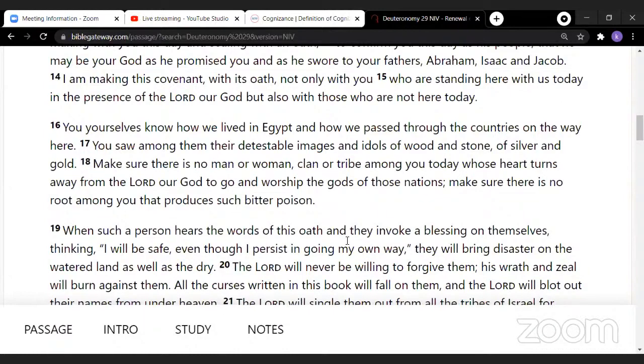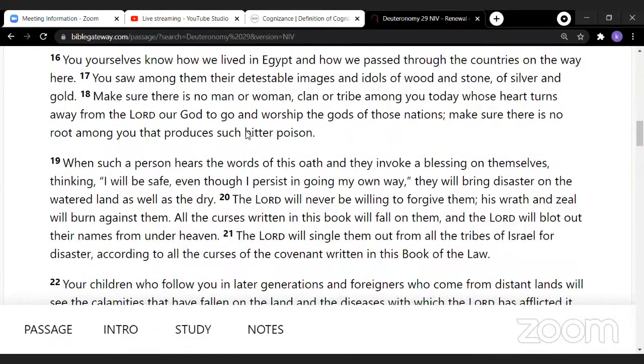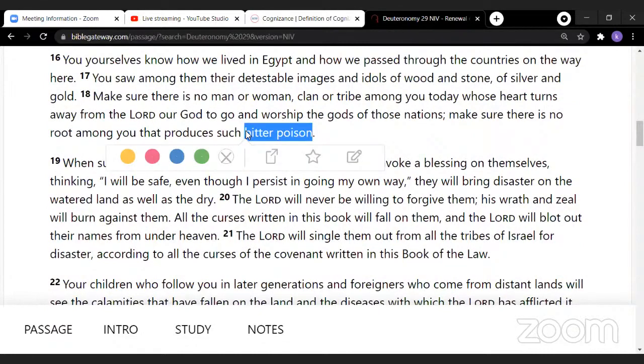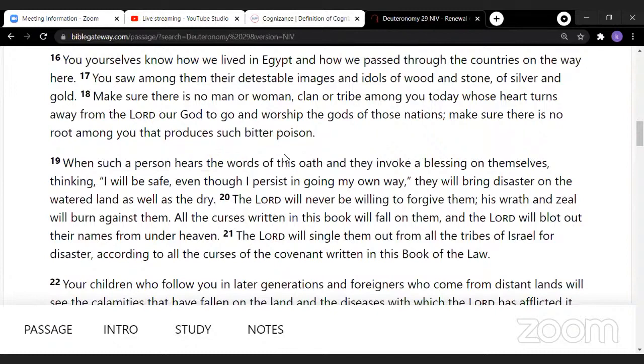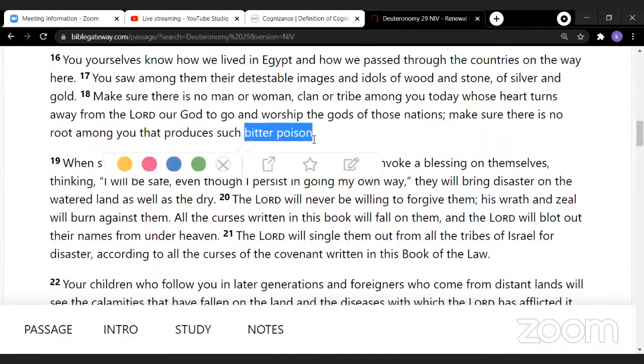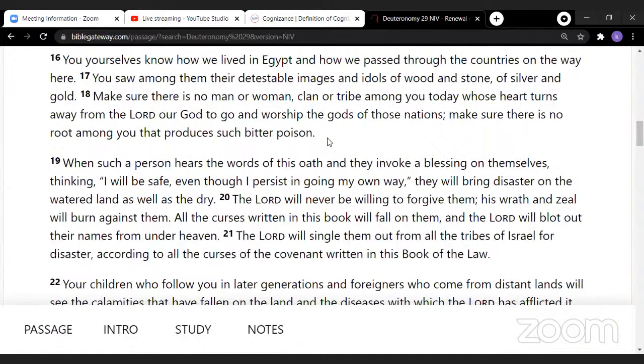Why? Because he's going to execute the curses on them. They're going to be on Skid Row until it gets so painful that they want to return to the Most High. And some people never get to that point. What do y'all think?